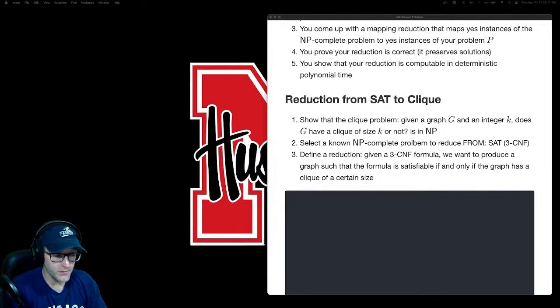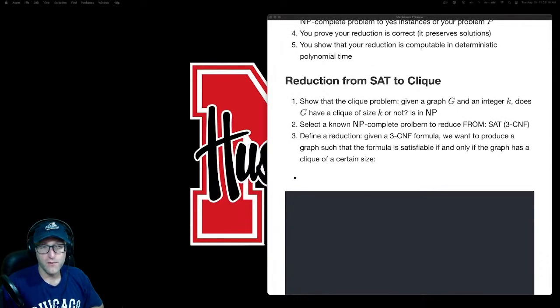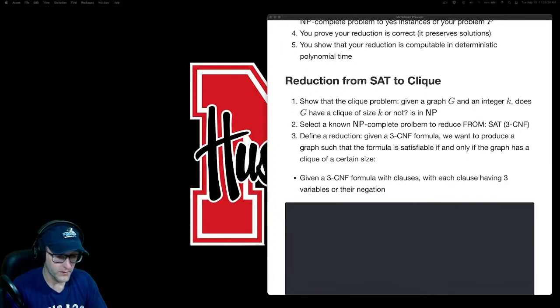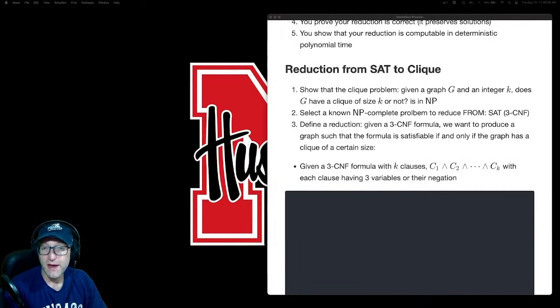And here's our reduction. Again, these things usually involve coming up with a gadget or something, and I'll show you what the gadget here is in a second. So given a 3 CNF formula, suppose it has the following clauses. Given a 3 CNF formula with k clauses, right? You can always manipulate that so that you have exactly k clauses, or you just change your k.